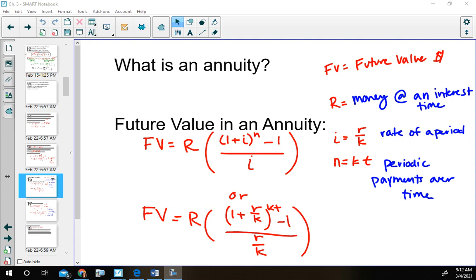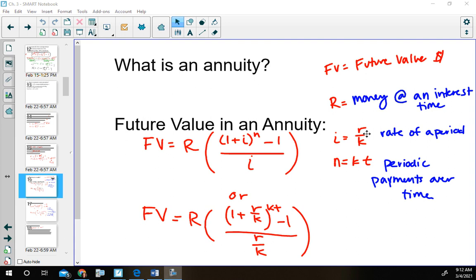Okay, so notice when we do this, the original equation that the book gives is the middle one here. It's a future value equation, and I have what everything represents. R is the money at the time of interest. We have 1 plus i, where i stands for the rate over the periods. The k is always going to be the periods: quarterly, monthly.